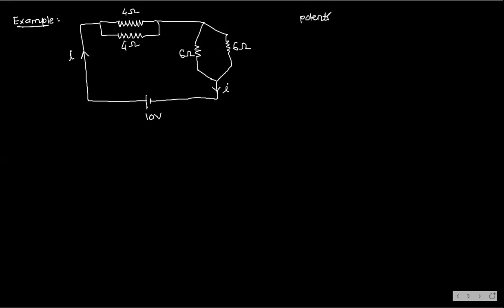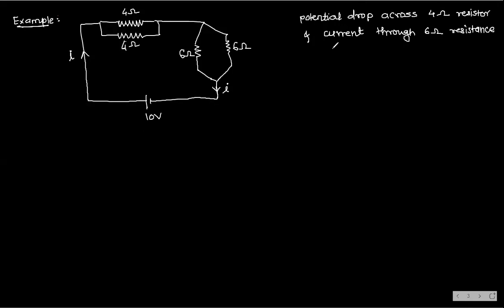Potential drop across 4 ohm resistor and current through 6 ohm resistance. Okay, shall I solve or you will try? We'll try, sir.